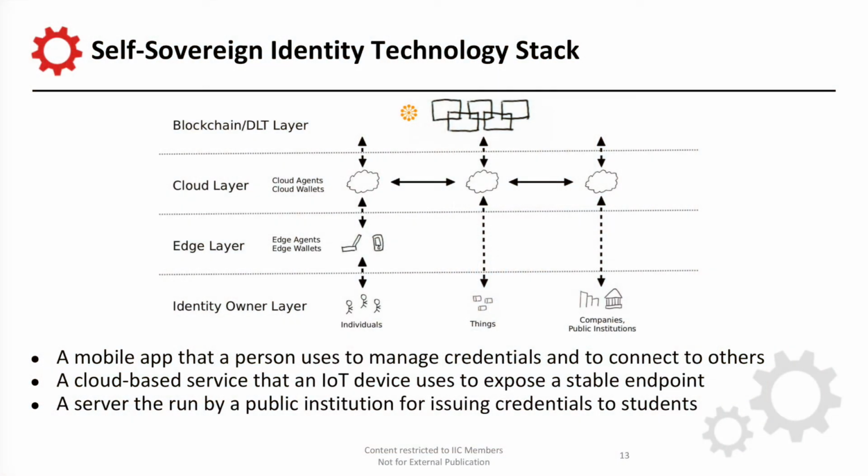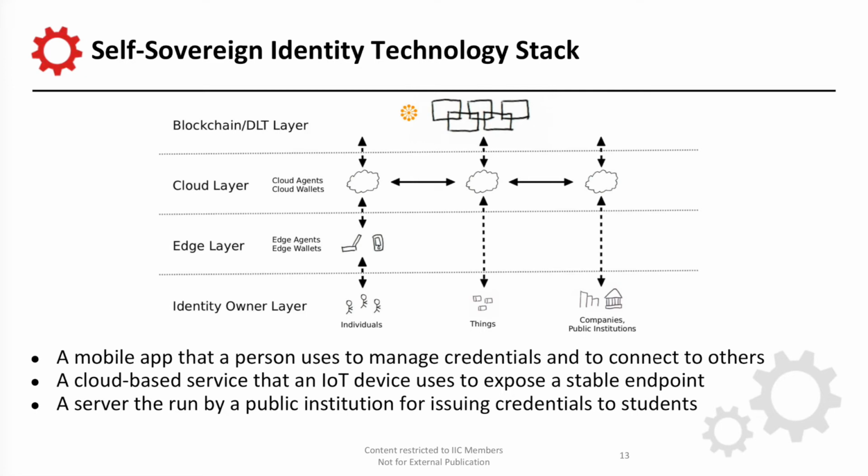Looking at the technology stack for using self-sovereign identities, usually they have different layers. The very fundamental layer is the identity owner layer. This layer includes all the individuals, the Internet of Things, and the corporations, companies.